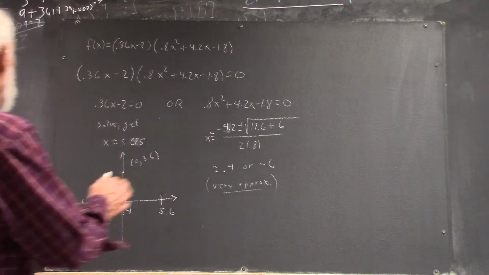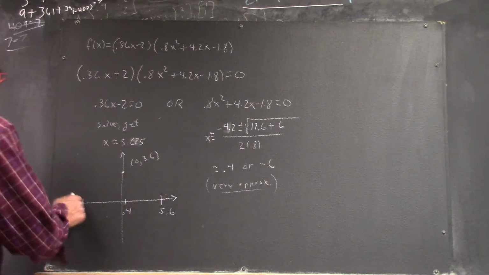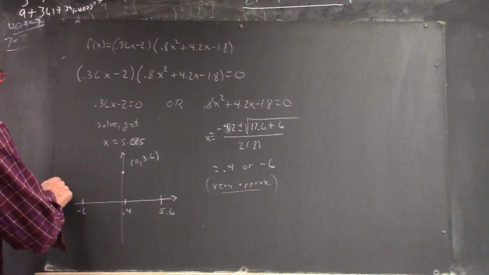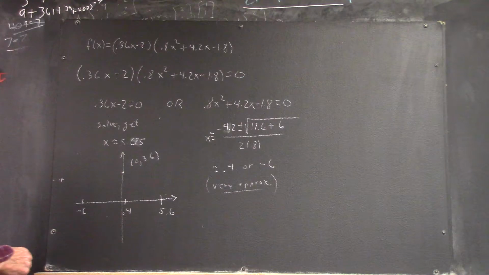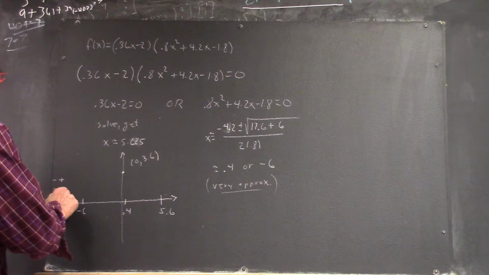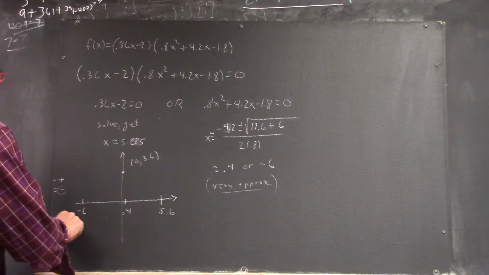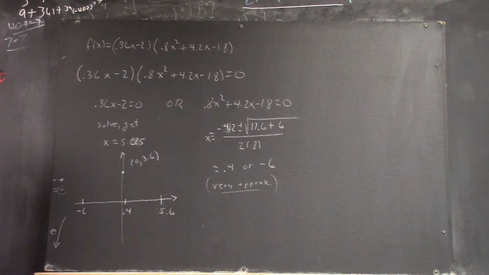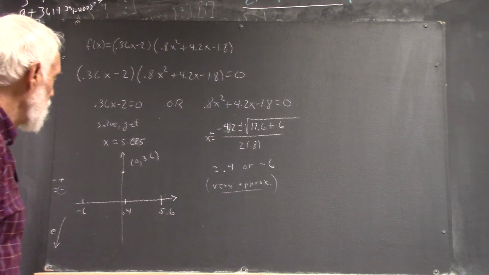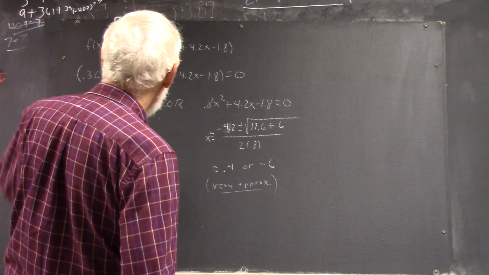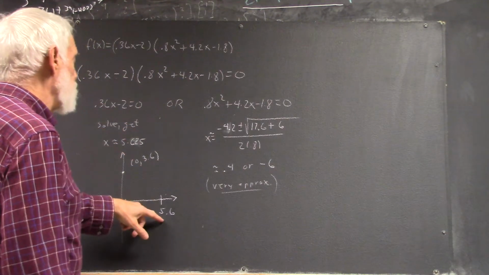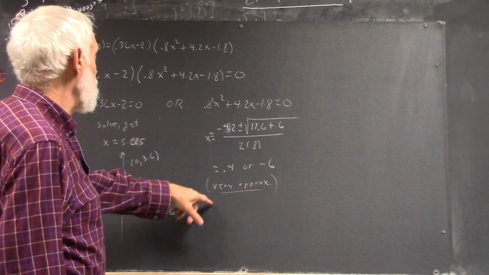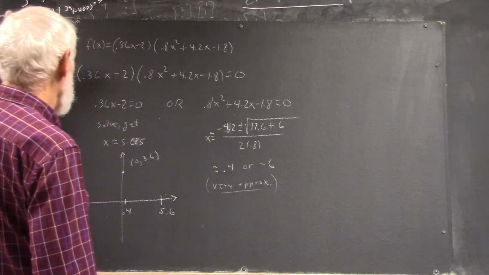So you got two factors. To the left of negative 6, you've got a negative and a positive, which makes it negative, meaning you've got to do this. To the right of 5.6, everything is going to be positive. If 5.6 really is the root, but just go out a little more than 5.6, go out to 10, see what happens.